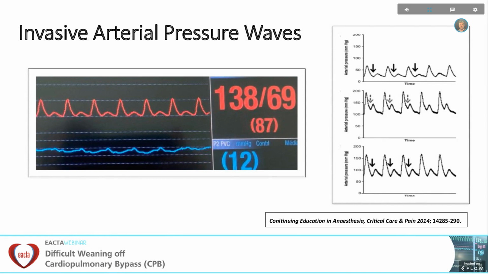A vasodilated patient with the dicrotic notch away from the two-thirds of the systolic collapse, that we can use to guide the response of the vasoconstrictors, augmenting and showing this normal pattern here, return to the normal position of the dicrotic notch, then fading away to vasodilation again, just looking at the arterial pressure wave.